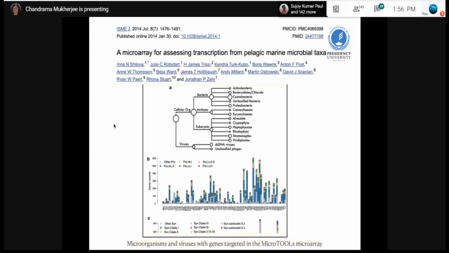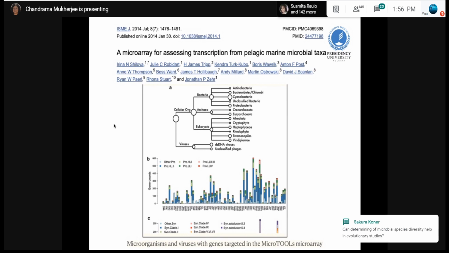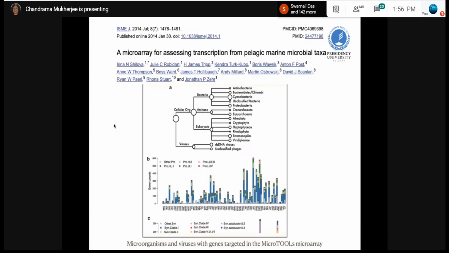Using this technique, recently there was a very big microarray study named the Micro-tools microarray, where different marine microbial taxa were analyzed.